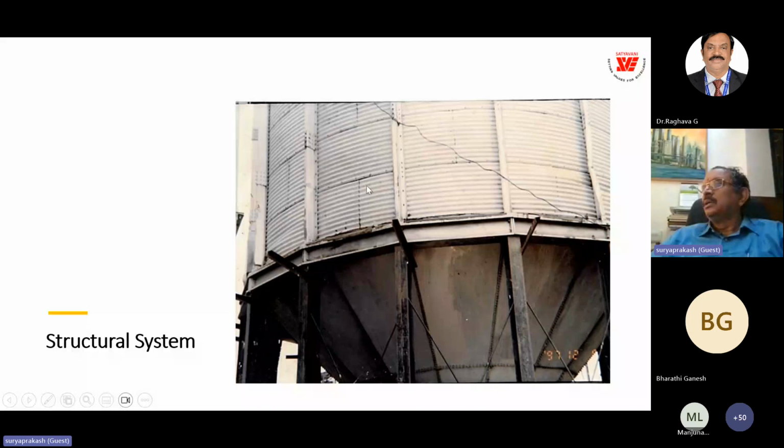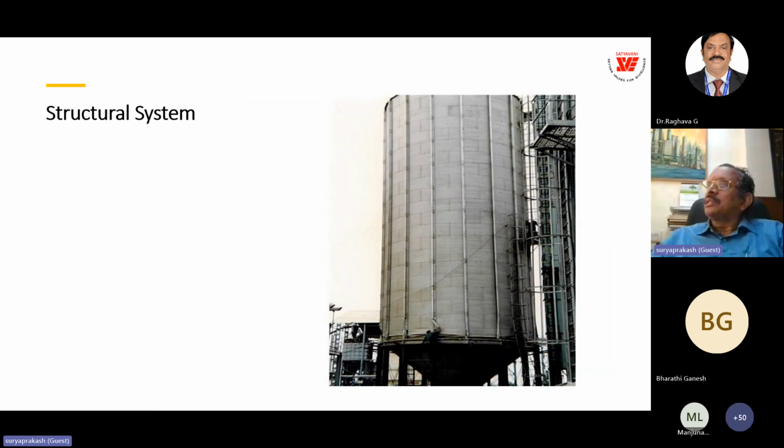This is a grain silo, a normal friction coefficient, and due to the horizontal corrugation, this system is very good for hoop tension. But when it comes to the loading, we found that the friction coefficient is much higher because of the corrugation and the higher load, and it caused the failure. The silo has tilted towards one side due to the higher friction coefficient.